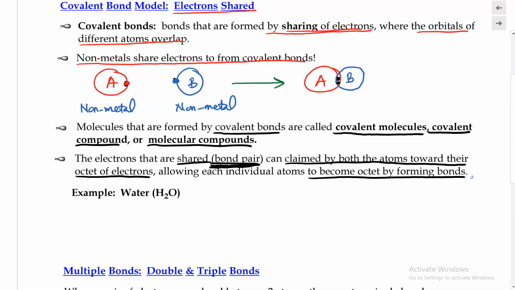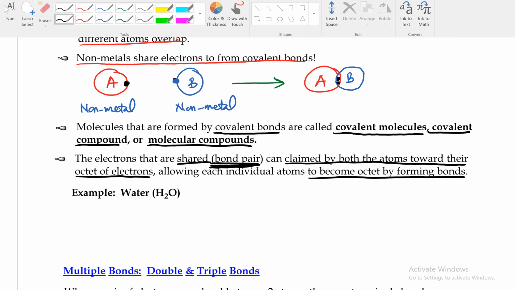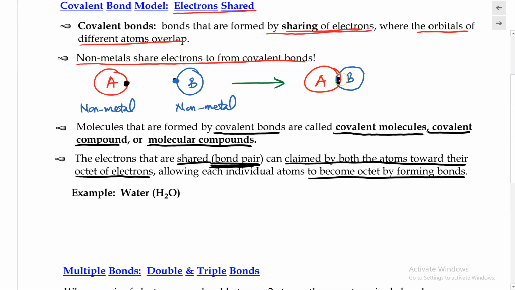So what this is saying is as follows. The electron that is shared between these two atoms, this electron right here, can now be claimed by both atom A and atom B as part of the octet. Initially, before they share the electron, atom A can only claim to have one valence electron, and atom B can claim to have only one valence electron.